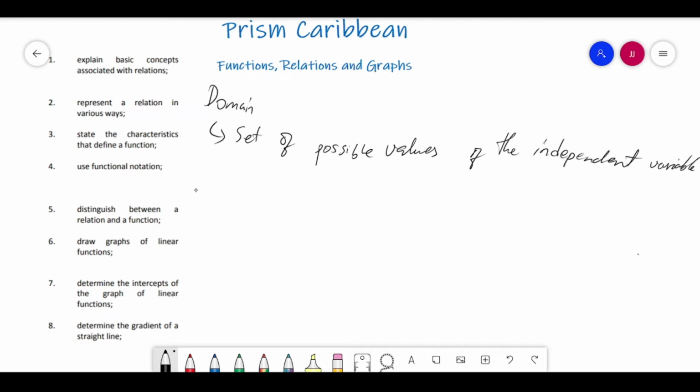And then we have the codomain. I'm going to explain all these now, so no need to worry.